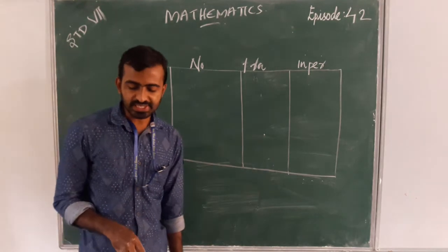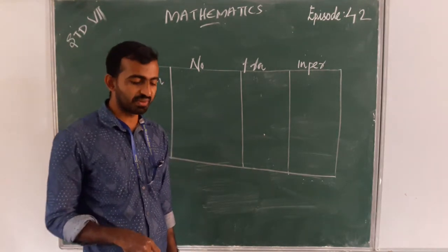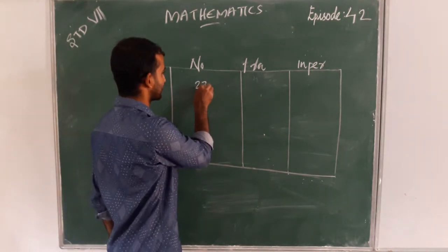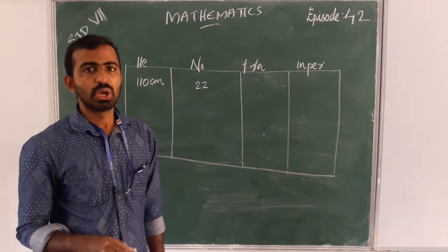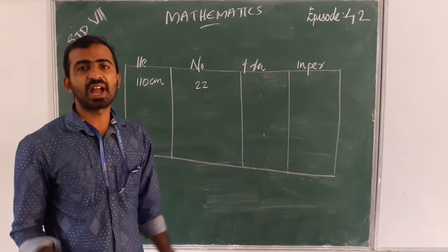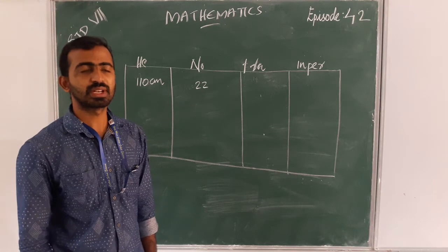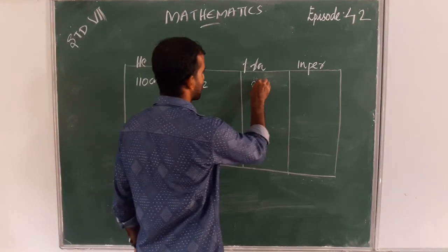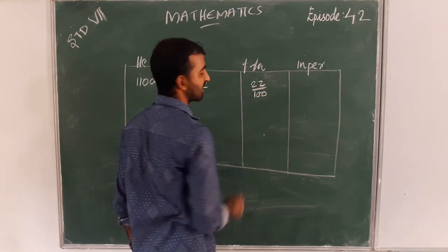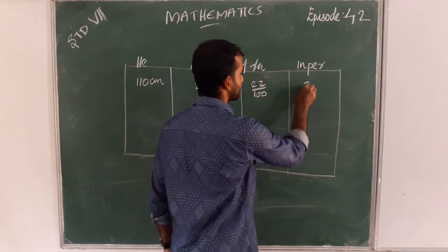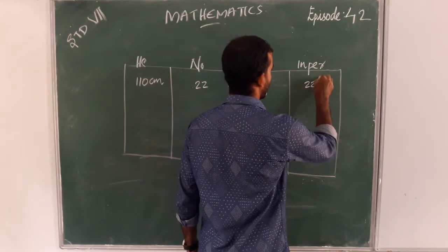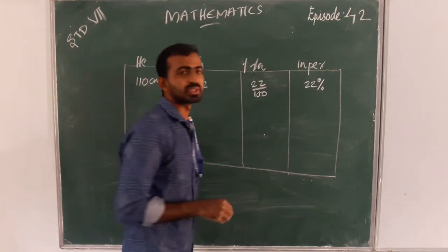The number of children is given as 22. What is the fraction? Can anyone say? It is 22 by 100, that is 22 percent.